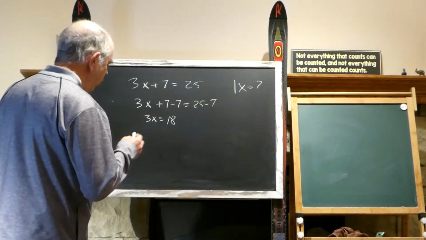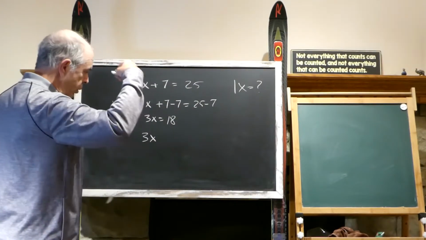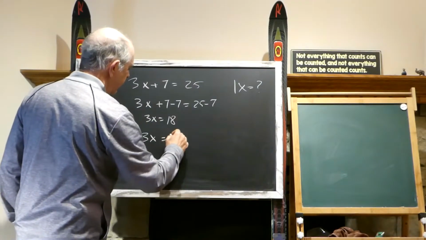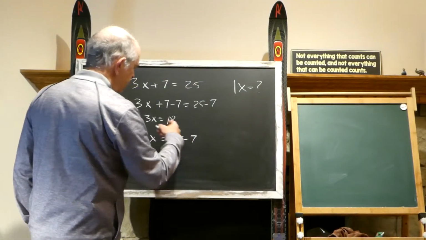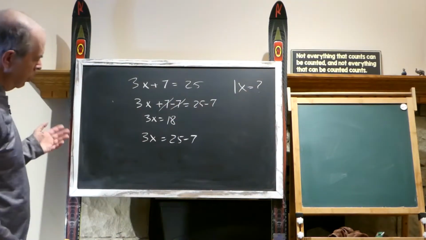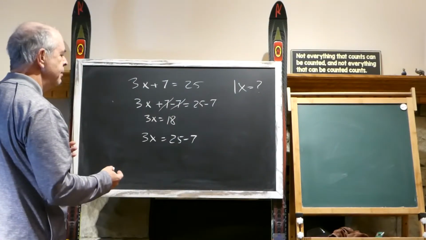But people often just do this in their head. You say 3x plus 7, I take 7 here and I change the sign. It's essentially absolutely the same because those are gone. So sometimes I may say let's subtract 7 from both sides.